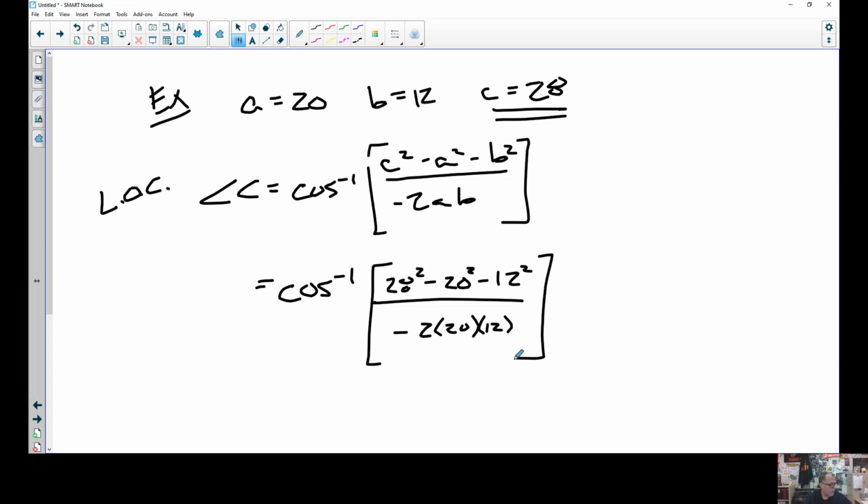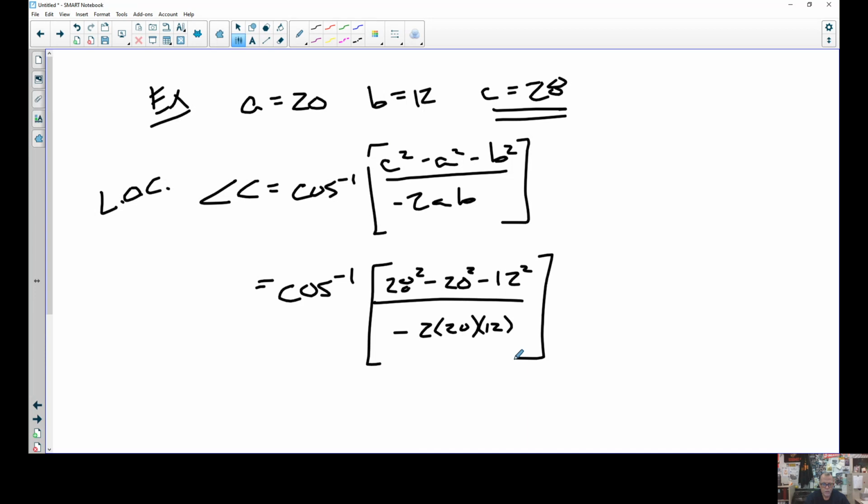All right, so again, I'm going to start inside the fraction, and I'm going to start with that numerator at 28 squared minus 20 squared minus 12 squared. And we take that and divide it by a negative 2 times 20 times 12.